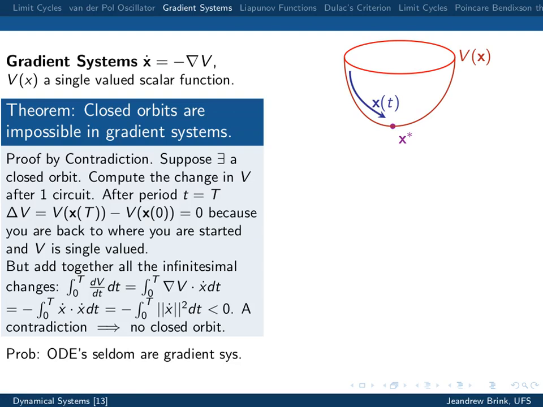So if the vector x is equal to x, y, you're going to have x dot equals minus dV dx, and y dot equals minus dV dy. Okay, and if that is true, then there are no limit cycles in the system.